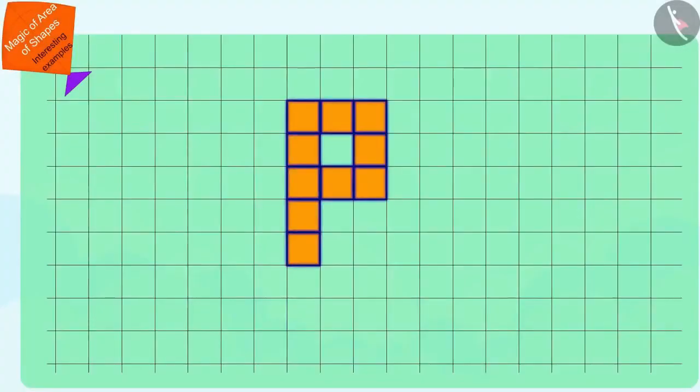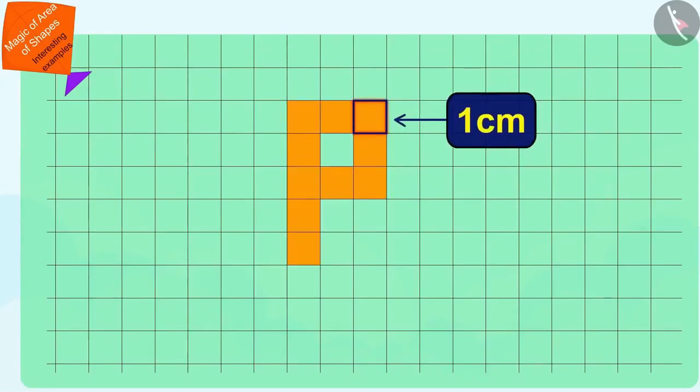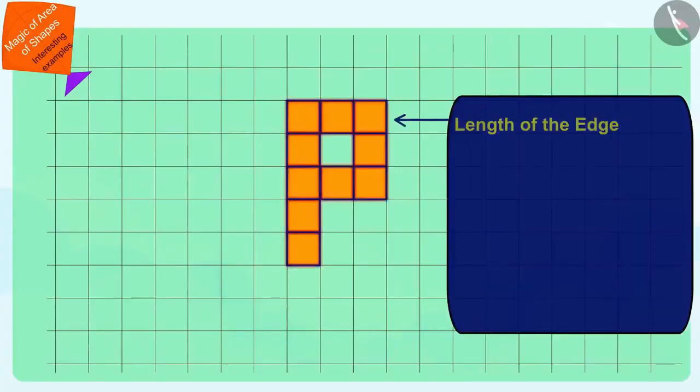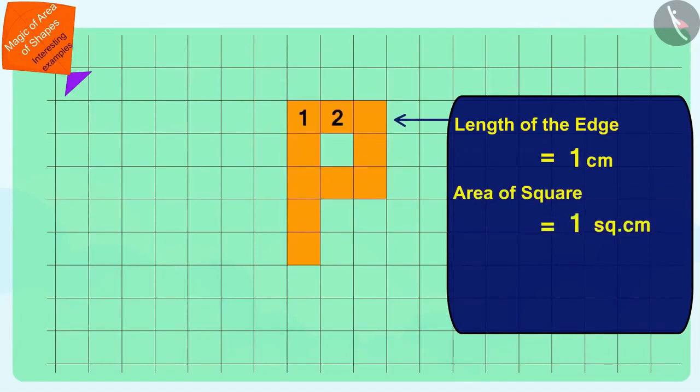Children, if the side of every square-shaped sticker used by Pinky is 1 centimeter, can you find the area of the letter P of Pinky? The length of the edge of each square-shaped sticker is 1 centimeter. So, the area of each square-shaped sticker will be 1 square centimeter.